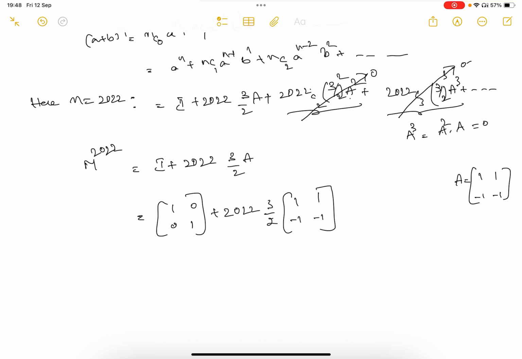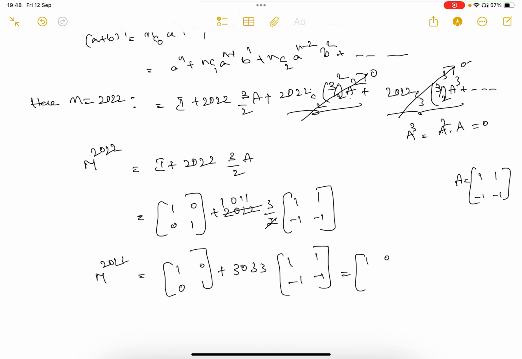So M power 2022 is I plus 2022 by 2, which is 1011, so this will be 3033 into 1, 1, minus 1, minus 1. So this will be I plus 3033, 3033, minus 3033, minus 3033.